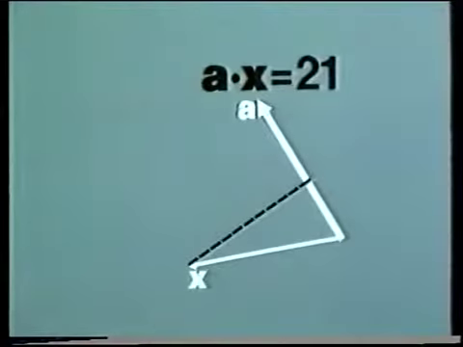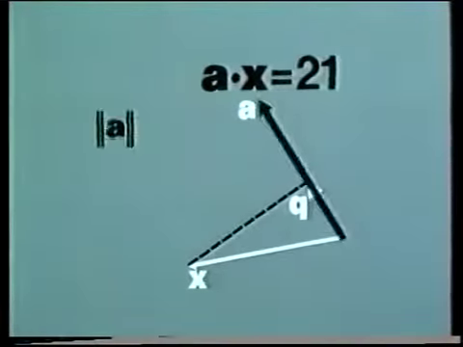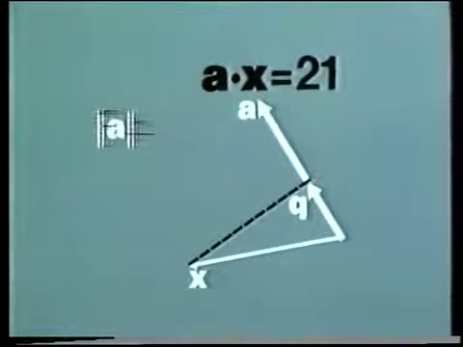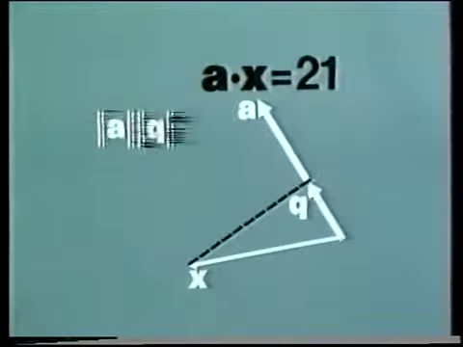You see, the projection of x onto a is a vector q. So a dot x is the length of a times the length of q. But remember, a dot x is 21. So the length of a times the length of q is 21.